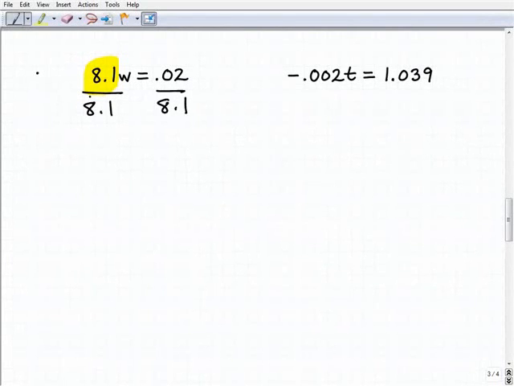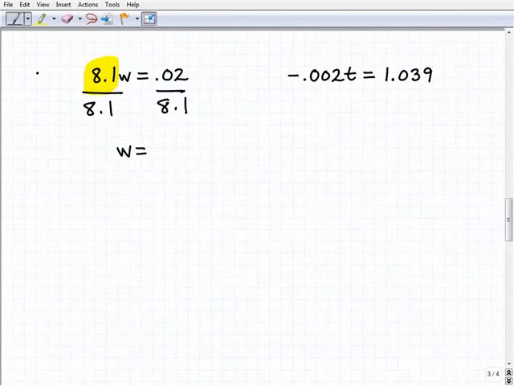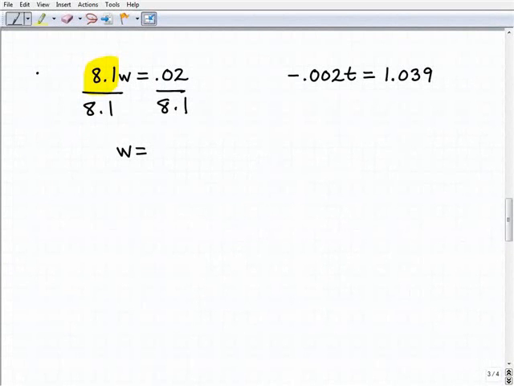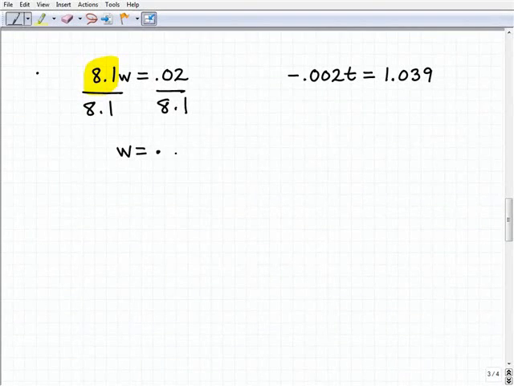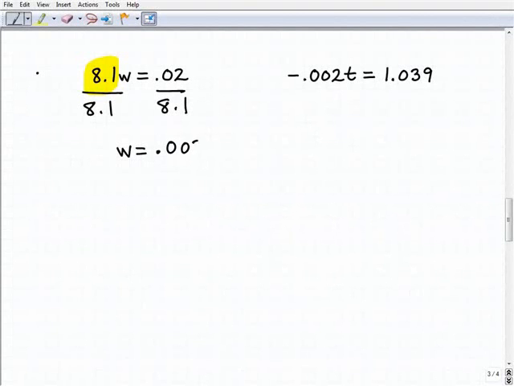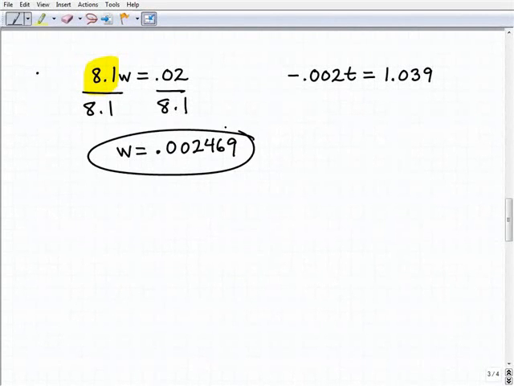So 8.1 divided by 8.1 is simply 1, or 1w, and then 0.02 divided by 8.1, and I'm plugging this into my calculator as we speak, will be equal to somewhere around 0.002469 or so. So if you got those digits, then you did it correctly.